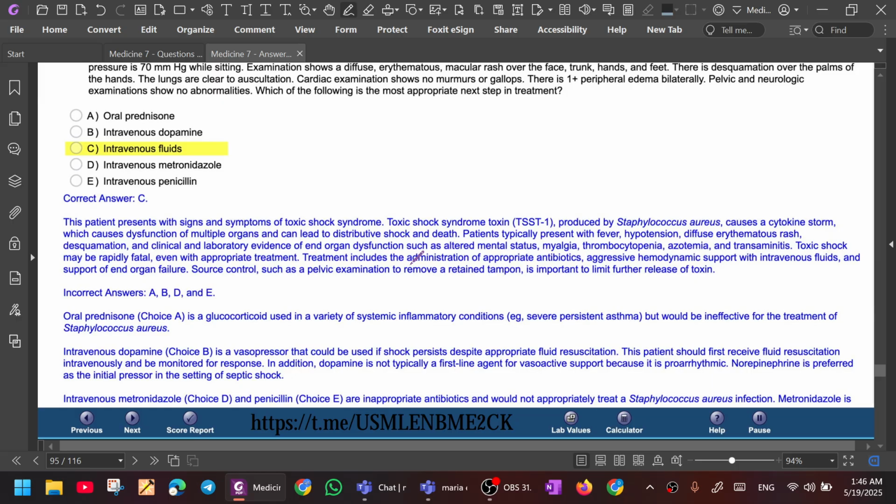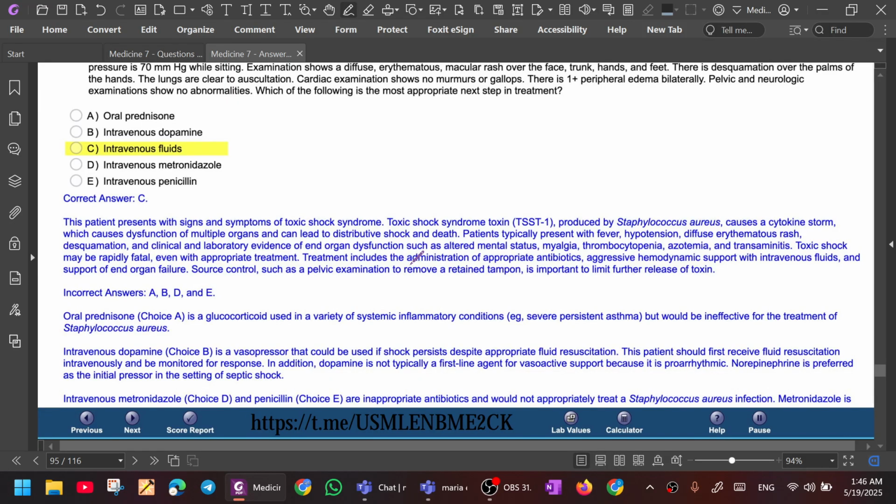Patients typically present with fever, hypotension, diffuse erythematous desquamation, and clinical and lab evidence of end organ dysfunction, such as altered mental status, myalgia, thrombocytopenia, azotemia, and transaminitis. Toxic shock may be rapidly fatal, even with appropriate treatment.